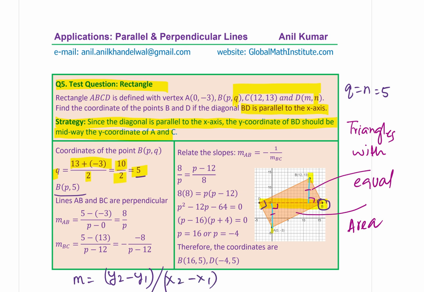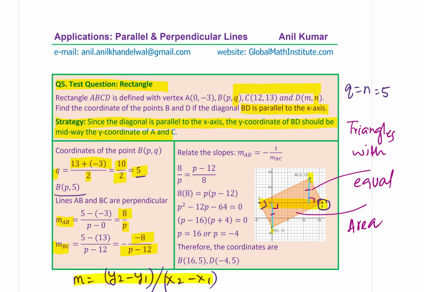You know that. So we have found the slope of A to B is 8 over p. Slope from B to C is -8 over p minus 12, using the two points and the relation y2 minus y1 over x2 minus x1.